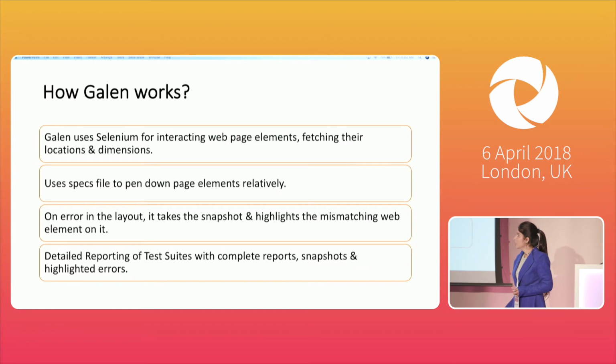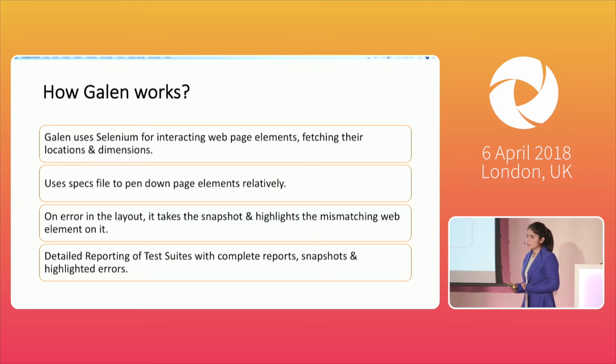So how exactly does Galen work? In the backend, Galen uses Selenium. Selenium helps us in detecting the web page element locations. Galen uses Selenium to interact with the web page elements, and we can give the relative distance between each of the elements.